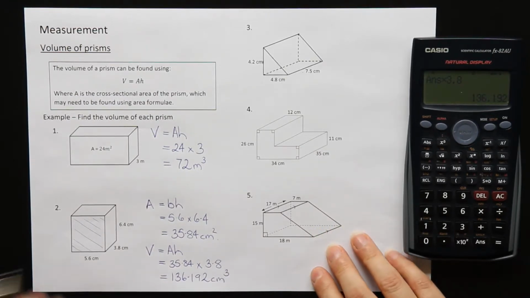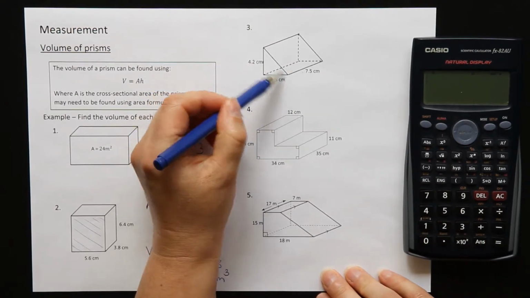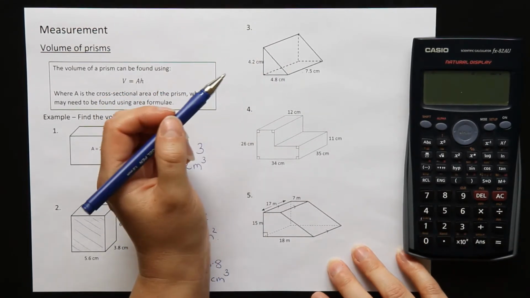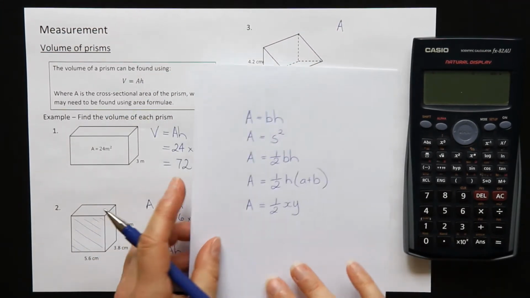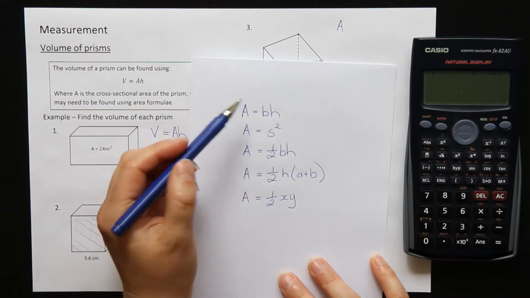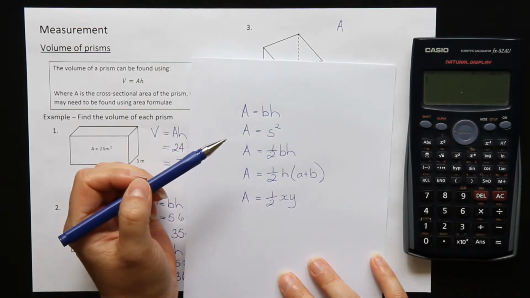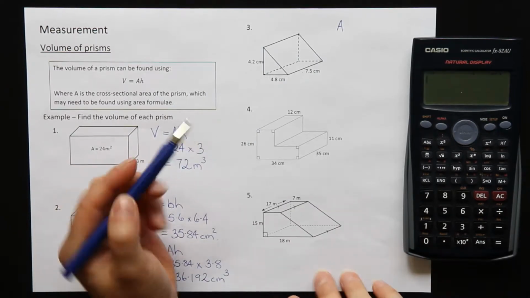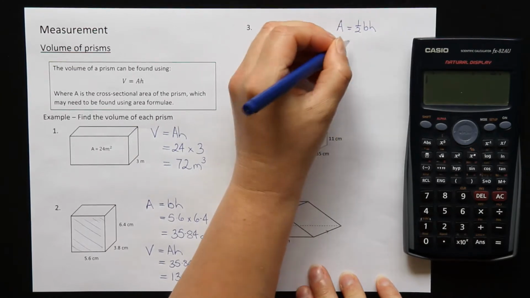Right, let's look at our next shape. We have a triangle on the front and the back, so the triangle is the cross-sectional area that we need. So, looking at our area formulas, the area of a triangle is this one. A is equal to half base times height. So A equals half BH is our formula.